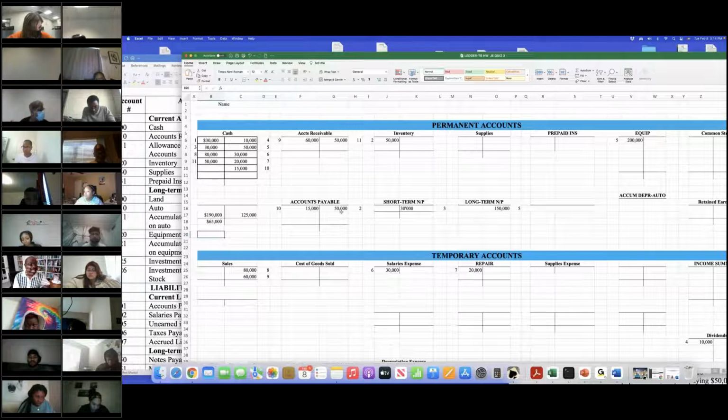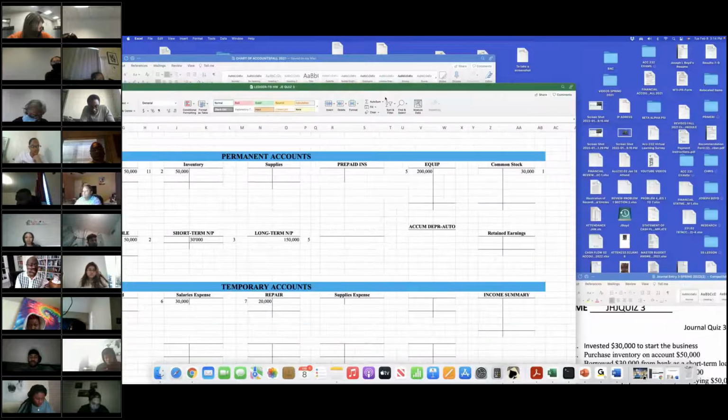Let's look at that formula again. We auto sum and got 195, 190, and 125. Are there any questions on how to auto sum? You just highlight and hit auto sum. You highlight what you want, and you hit auto sum.